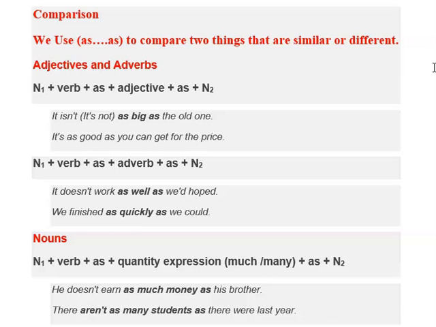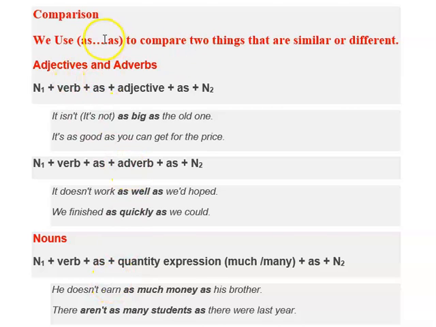Okay, so here I'm going to give you both just in case, so you know, and then we'll move to the comparison also with as with nouns. Okay, so we can use it with adjectives and nouns.